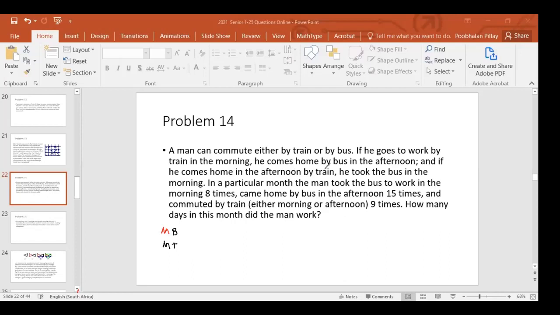If he takes a bus in the morning, in the afternoon he traveled by train.